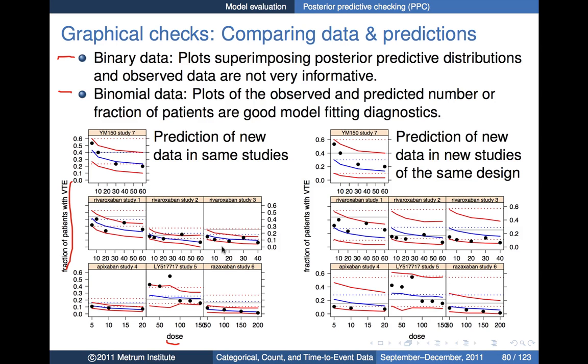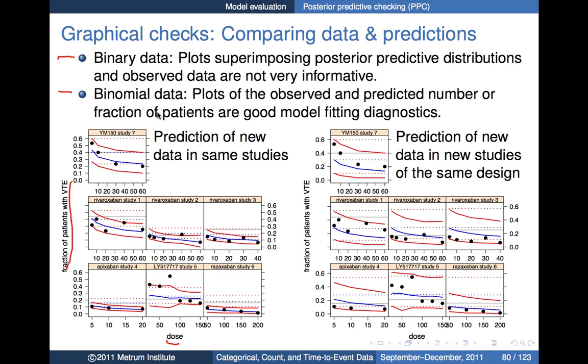We've got different panels corresponding to the different studies that contributed summary data, again in the form of fraction of patients that experienced a VTE, plotting those versus dose, and then overlaid on that we have a posterior median in blue and a 90% credible interval around that.